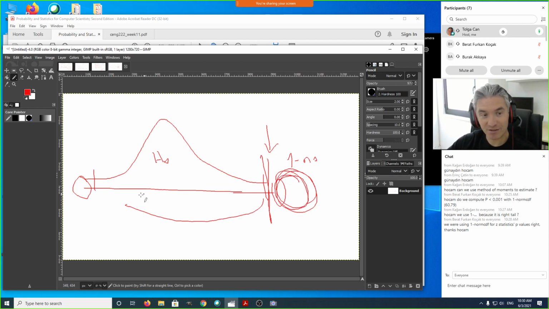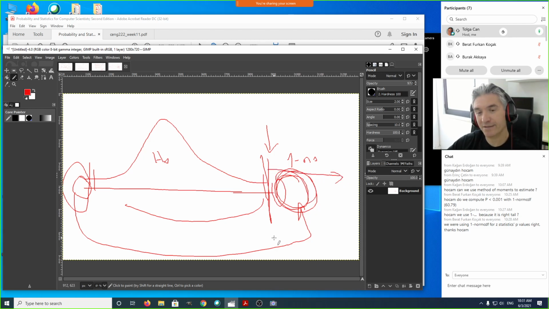When we say more extreme, if we are conducting a two-tail test, this side may also be considered as more extreme. Then we will have to sum up these two areas to find the p-value. But if it's a right tail test, being more extreme means just looking at this side here, and it will be just 1 minus norm CDF.